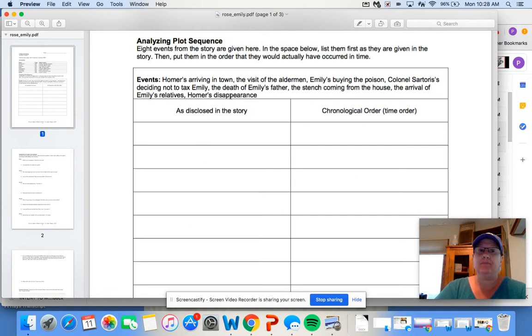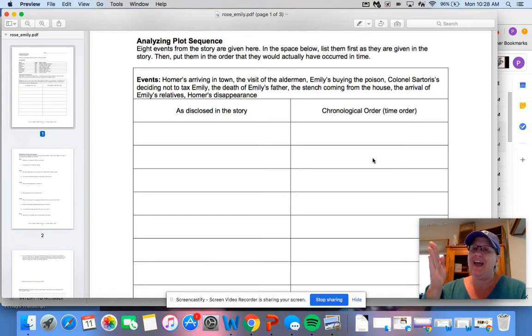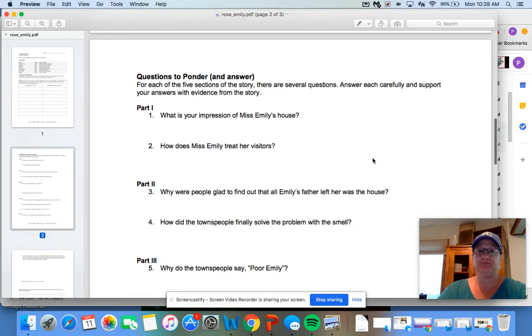So the first column, you're taking these 8 events. You're going to list them in order as they appeared in the story. Then in this column, you're going to put them in order of actual time. If the story was being told in actual chronological order, how would those appear? Okay? All right. That's the first part.